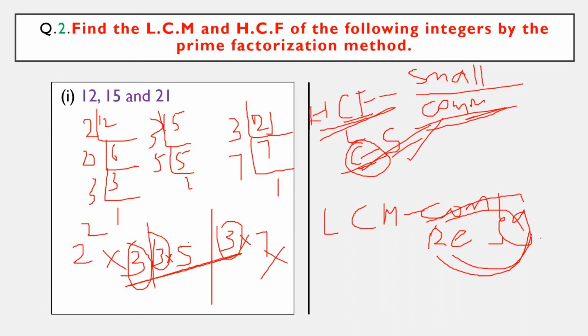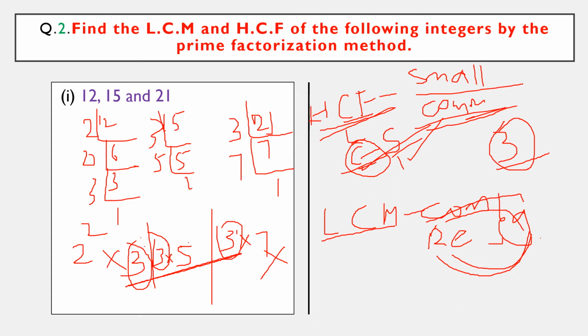So here 3 is common, so I'll write 3. Then what about the smallest? Smallest means the power. Here 3 power 1 only, here also 3 power 1, here also 3 power 1. So the smallest will be 3 power 1. No other number is common here. So HCF is 3. Clear, children? Now LCM.